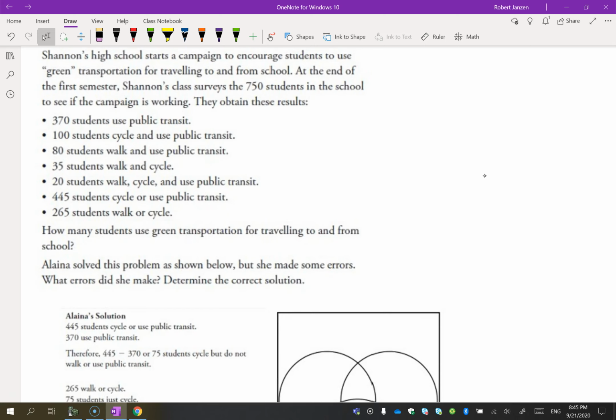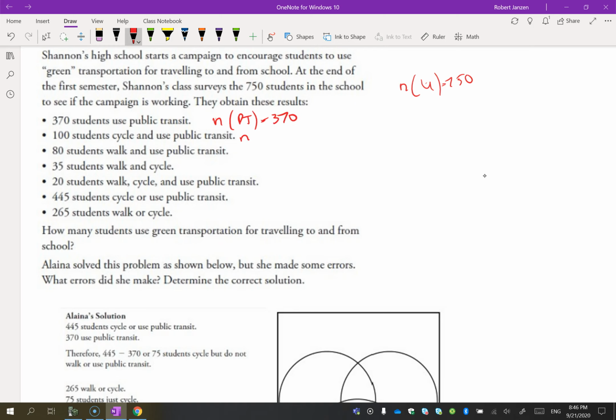The universal set is going to have 750 people. Students use public transit, so the number of public transit is 370.